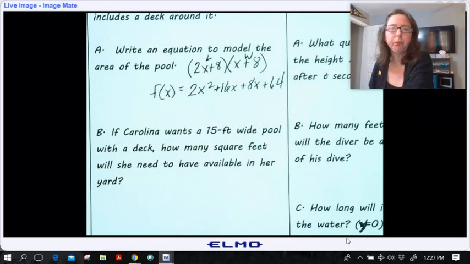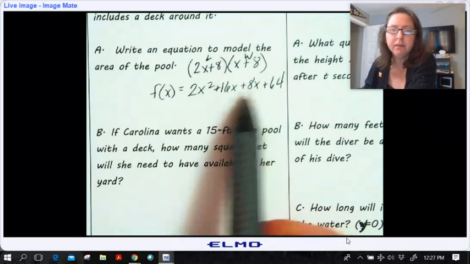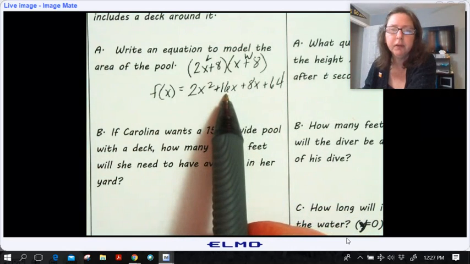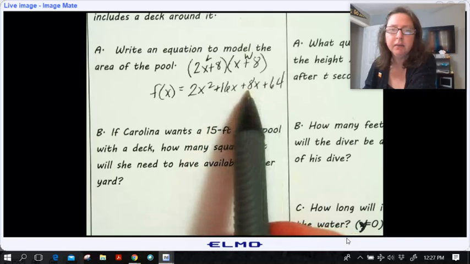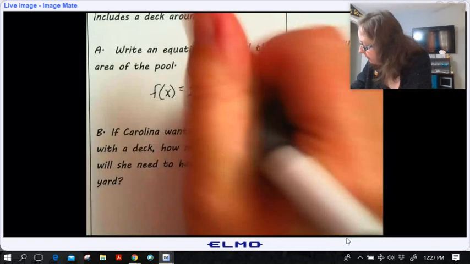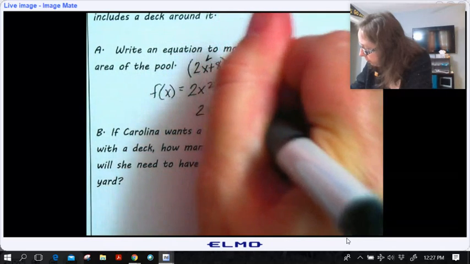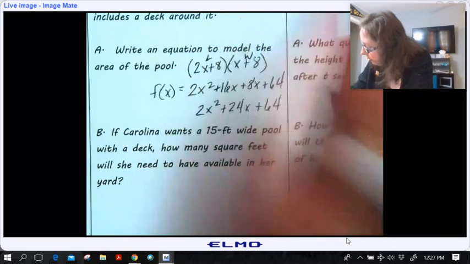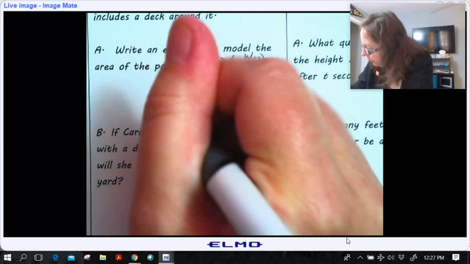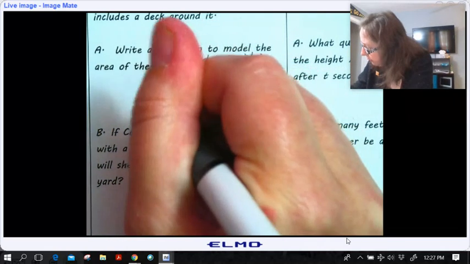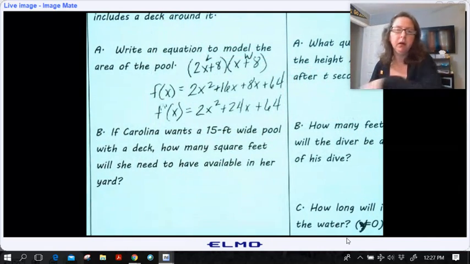All right, and now let's go ahead and put these together and combine our like terms. 16 plus 8 is 24x. And so this is the final equation that represents the total area of this pool.